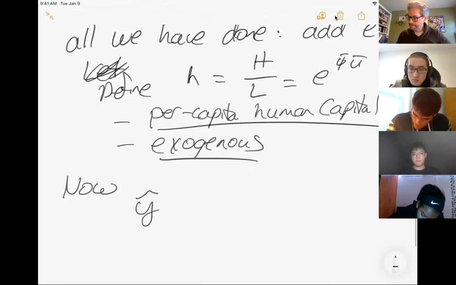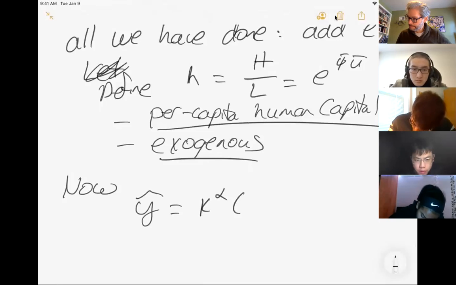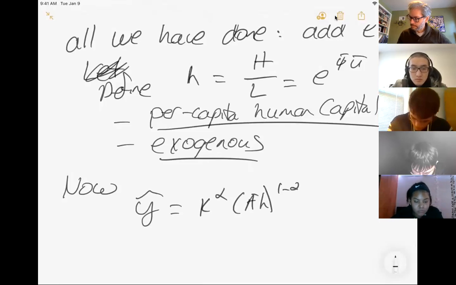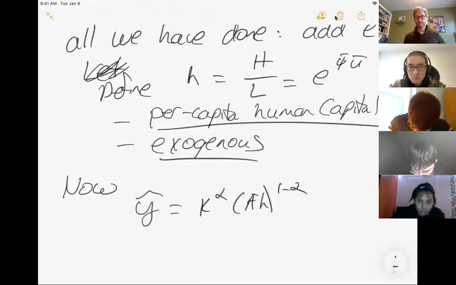So what does our production function look like? It looks pretty much like it did before. The only difference from what we found today and what we found on, was it Tuesday, is that now we have H in there.